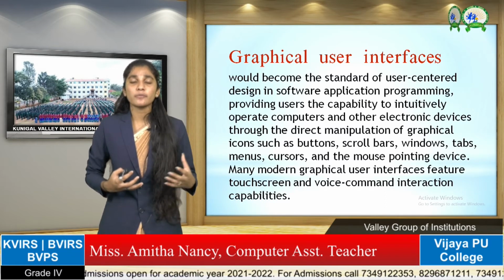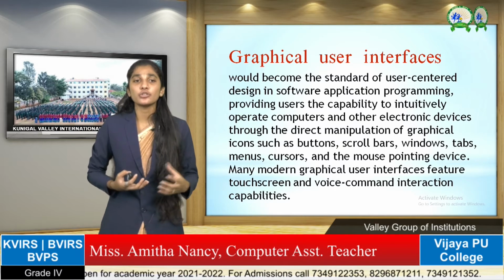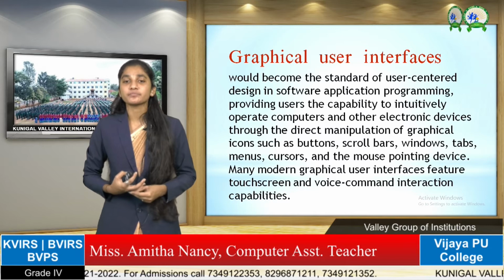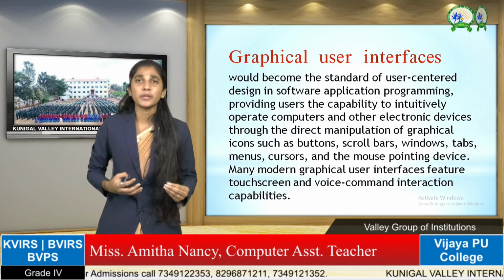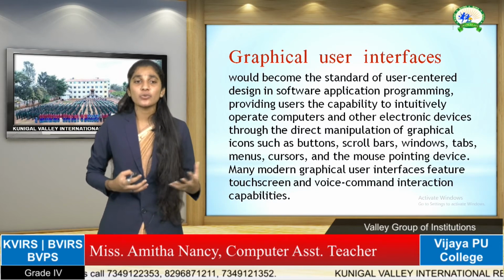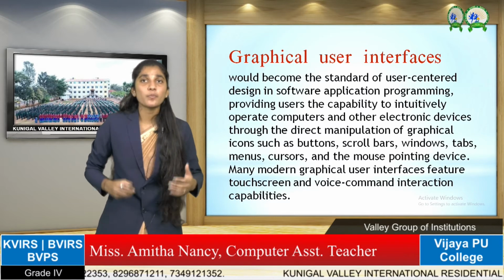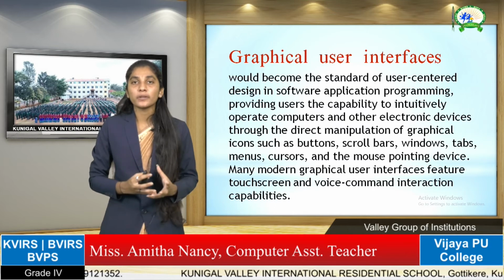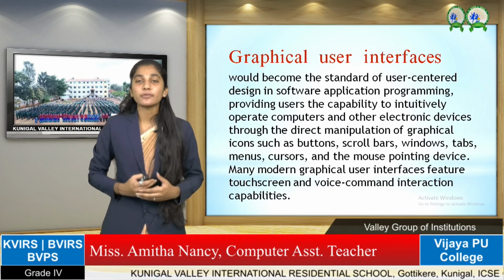Programmers have developed this graphical user interface to operate the computer like electronic devices, like buttons. We may have scrolling buttons, windows, tabs, menus, cursor and mouse pointers, and we get some OK button, some dialog box will open. All these things are known as graphical user interface.